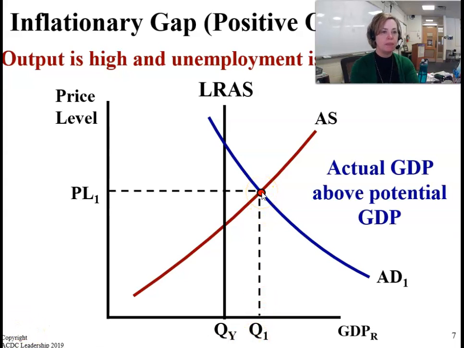So this red point here demonstrates the high output and also the low unemployment. Unemployment's lower than the natural rate. So actual GDP is above what we would consider to be the long run or the potential GDP.